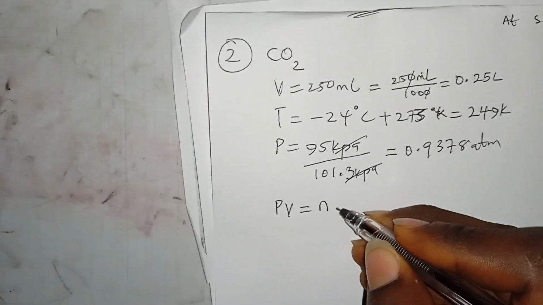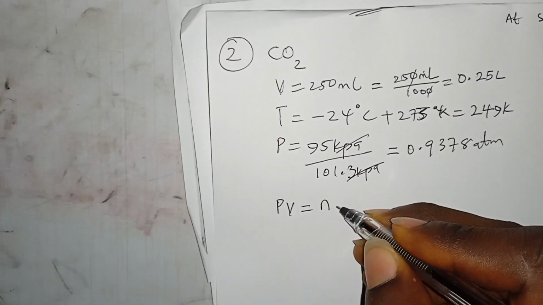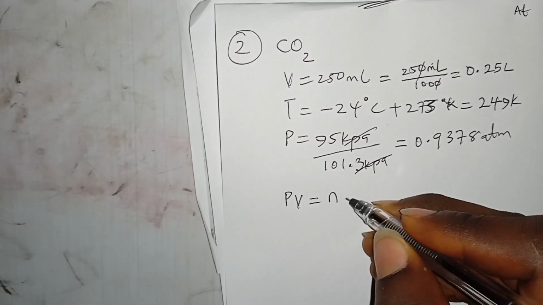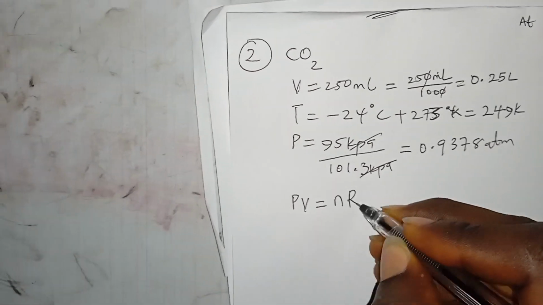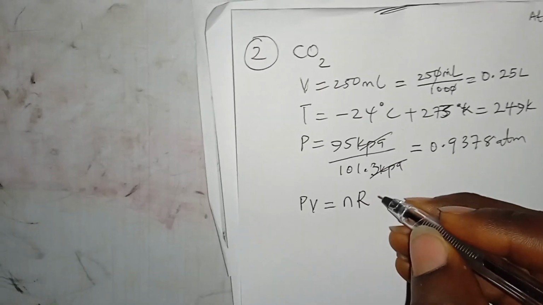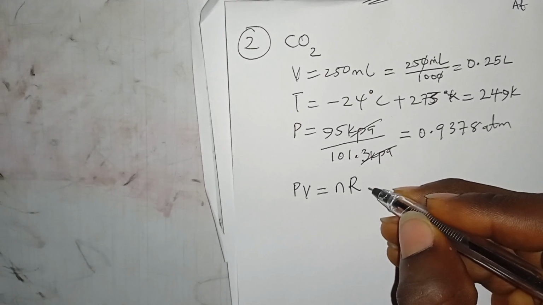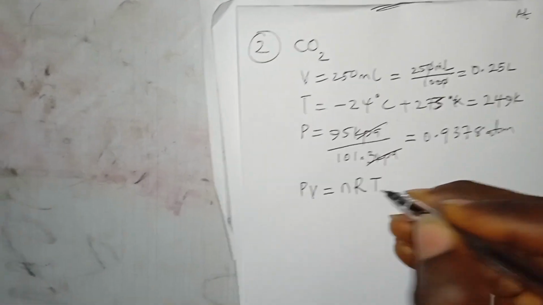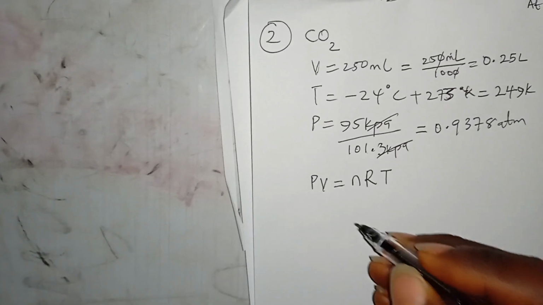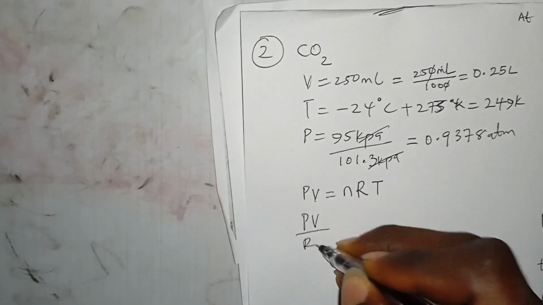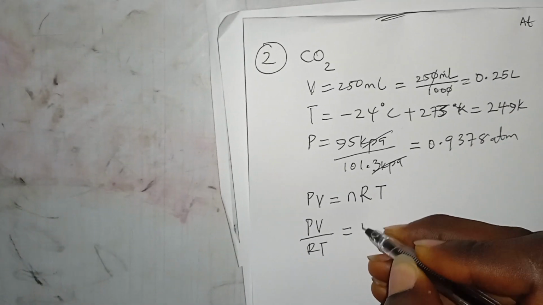That is why I'm using this formula, because I want to find gram, and gram is equal to mole times molar mass, but I don't have mole. I need to find mole. Then R is the natural gas constant, which is 0.0821. Then I have my temperature given, so if I make N the subject of the formula, I will have PV all over RT equals N.